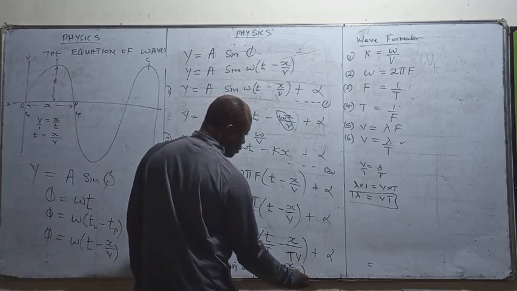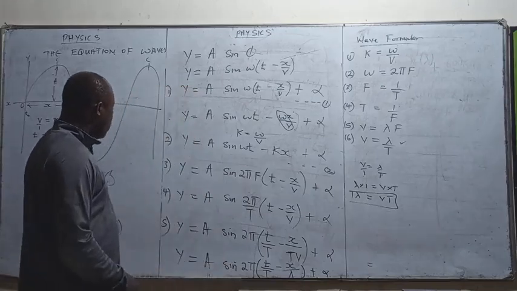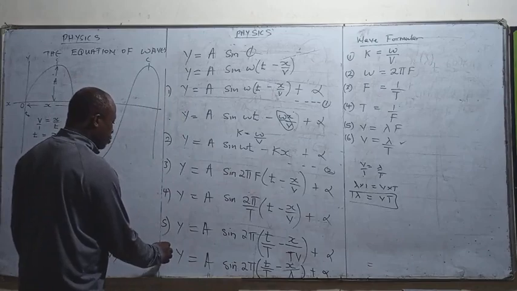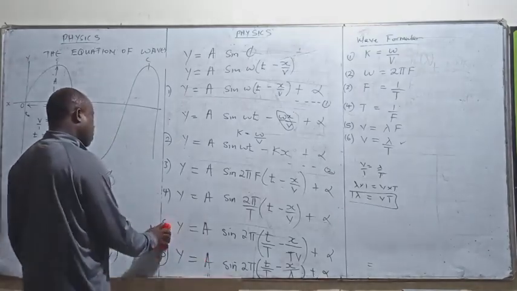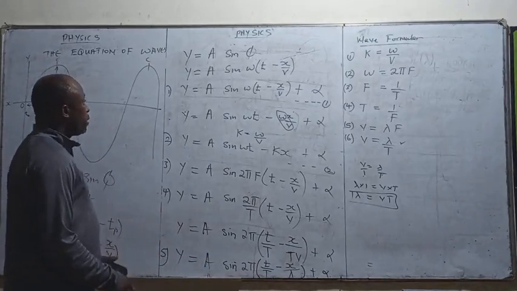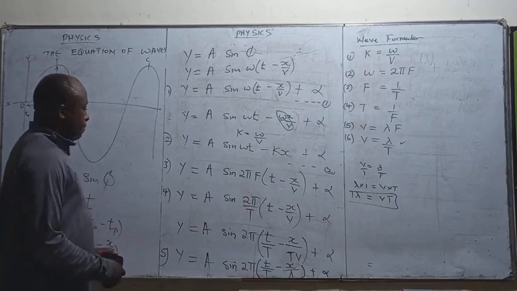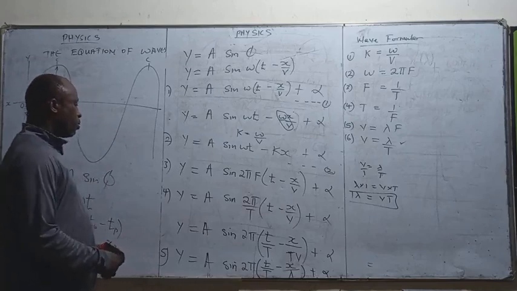So we have bracket plus alpha. So we build that. So this one becomes our number 5. Let's take this as equation 5. So that becomes equation 5.